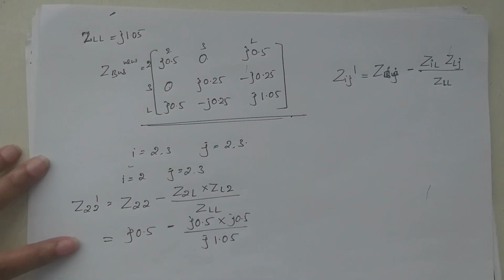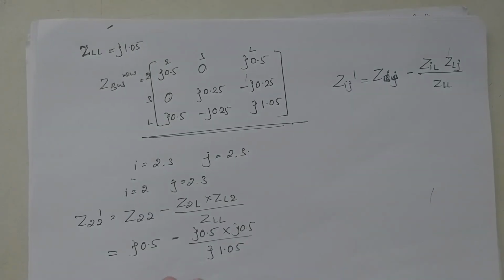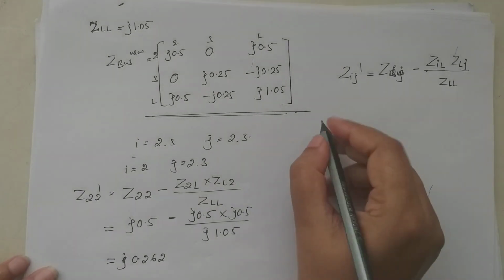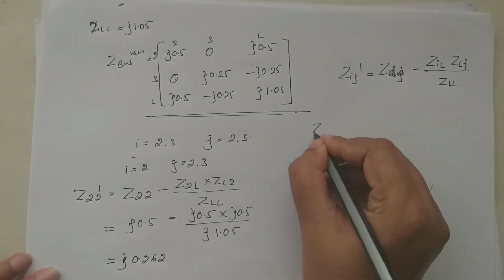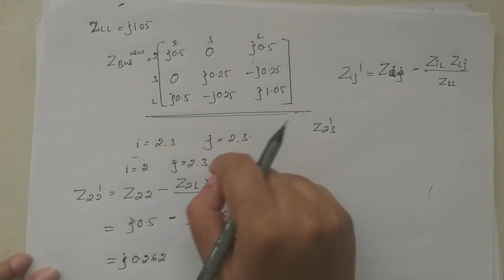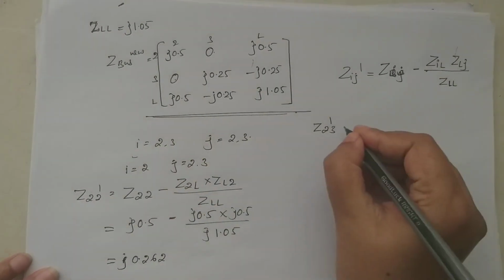The answer is 0.262, that is j.262. Similarly, we will calculate the value of Z23 dash by taking I equal to 2 and j equal to 3.